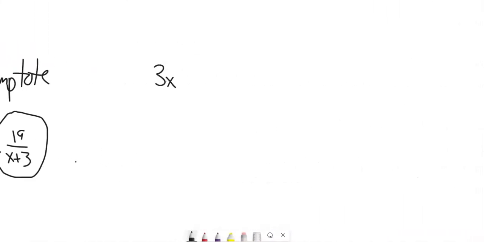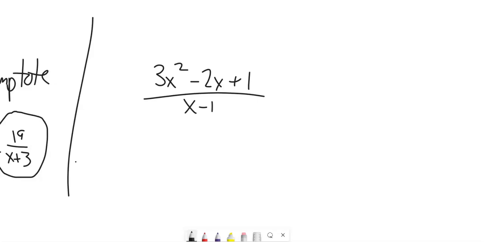All the other stuff that we've been doing applies, right? Vertical asymptotes. It won't have both a slant and a horizontal asymptote. It'll only have one of the two. So on this one, I could try and factor that, see if something cancels out. It's not going to. So this is a good candidate for slant asymptote, right? X squared over x. So I'm actually going to do this division.